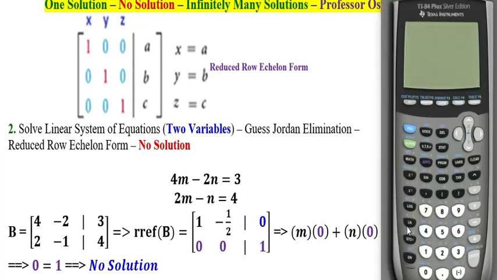And here it is. Second matrix, edit B, that is 2 by 3. For m we have 4, 2.